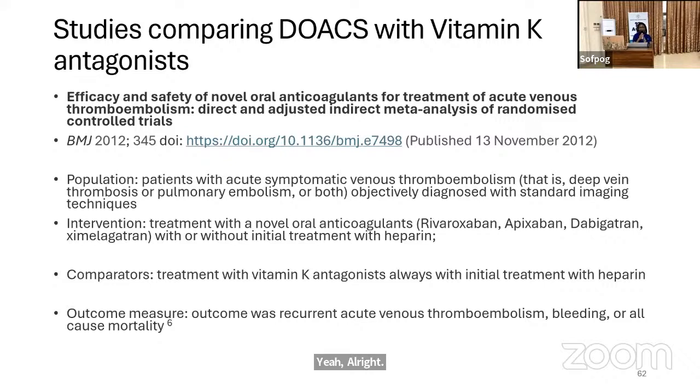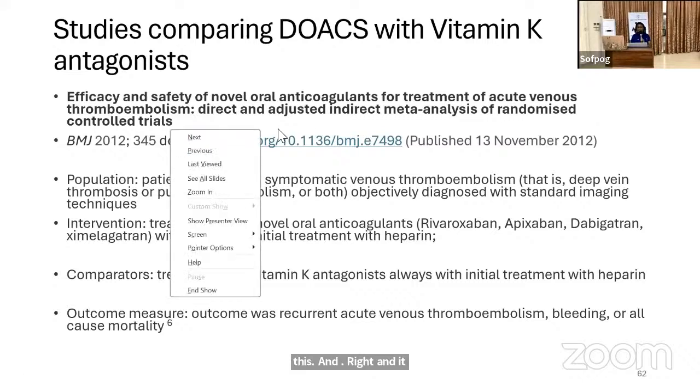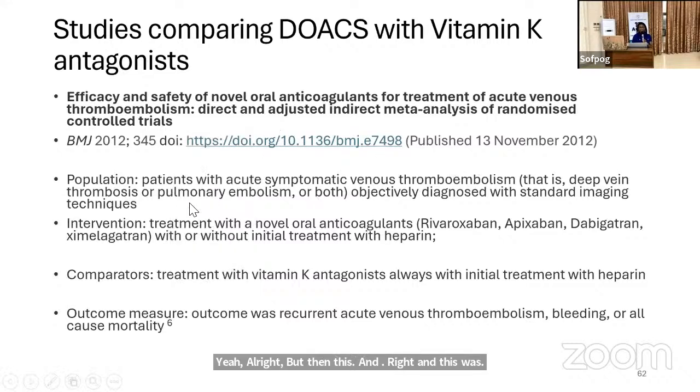But this study was performed in 2012 to determine the efficacy and safety of novel oral anticoagulants for acute venous thromboembolism. This was a meta-analysis of 30 randomized clinical trials. The population was patients who had acute venous thrombosis events which had been objectively diagnosed.